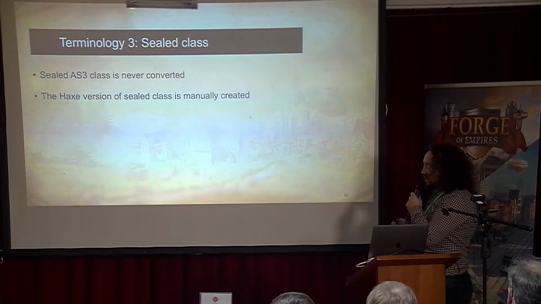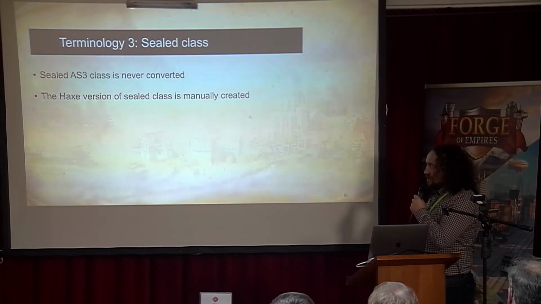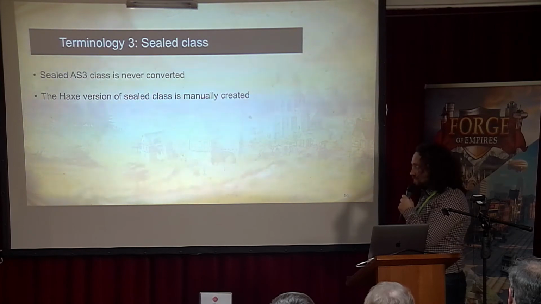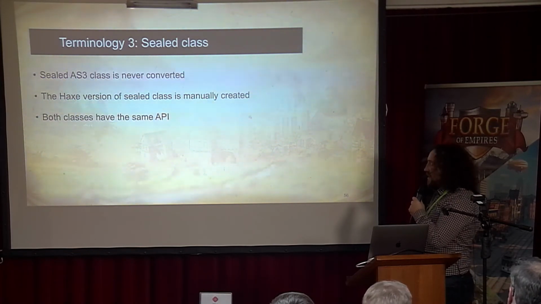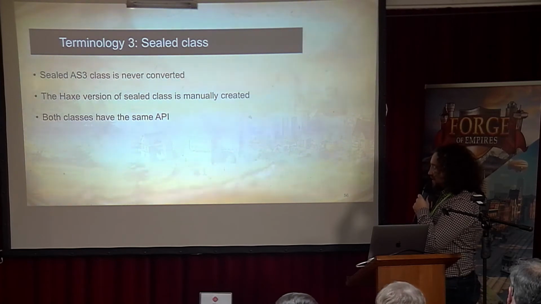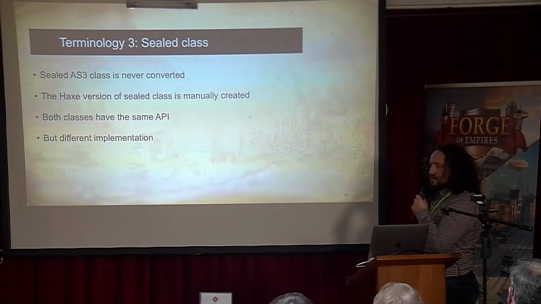Another thing is a sealed class. A sealed class is more like an adapter. It's a class that is never converted. We manually provide the Haxe implementation of this class. This class has the same API as the ActionScript 3 class, but a different implementation.